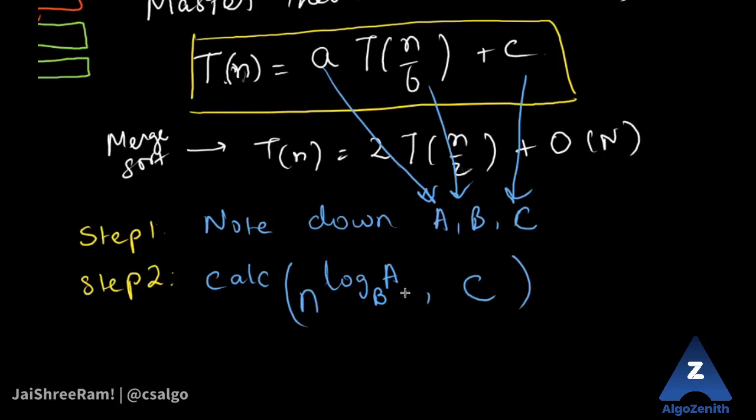So you need to calculate this part. In this example, B is 2, A is 2, and C is order n. So over here you will see n to the power log 2 base 2, comma order n. This is what you have.